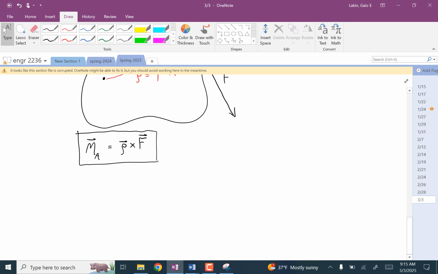When we get to rotational Newton's second law, you're going to be adding up the moments produced by each force on the body. To organize these, I always write them out in a table.